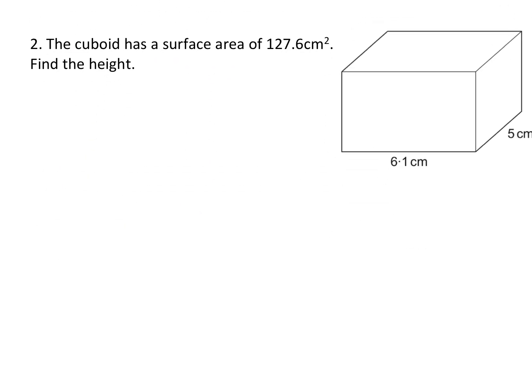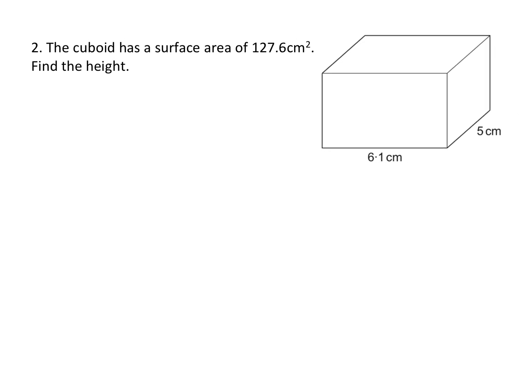Number 2, a cuboid has a surface area of 126.6 centimeters squared. Find the height. So we'll call the height h. When we're talking about surface area, a cuboid has got 6 surfaces. It's got a front, a back, a left hand side, a right hand side, a bottom, and a top.